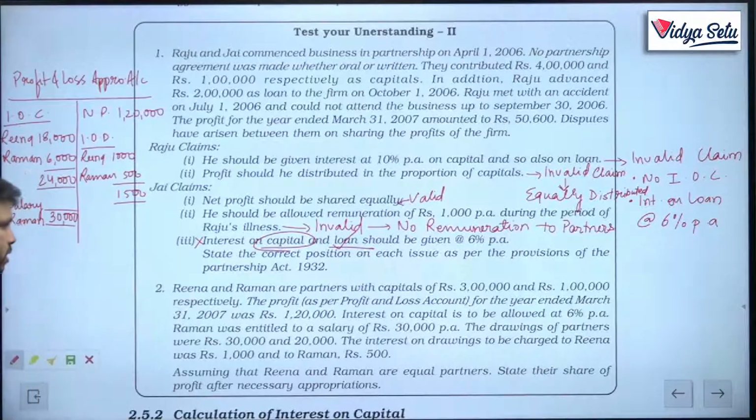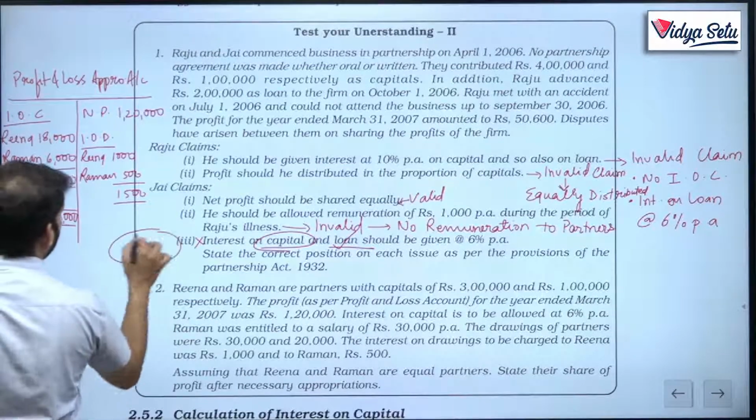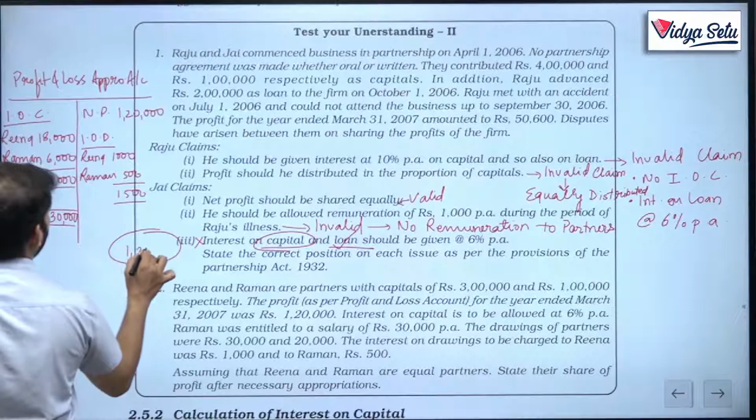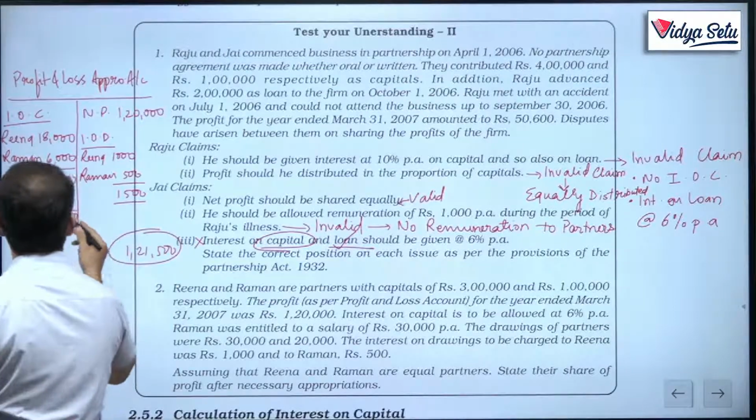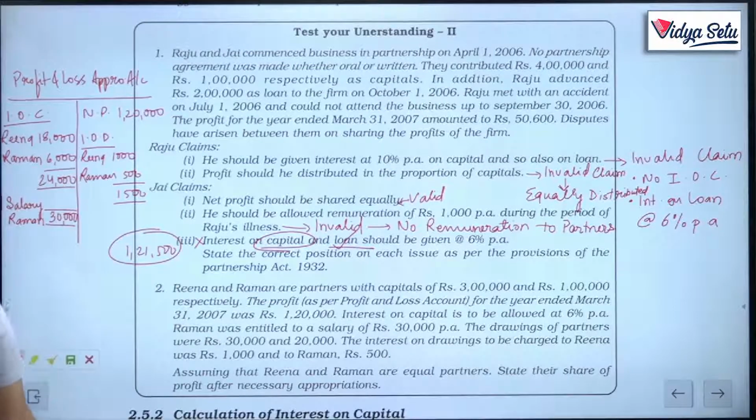That's it. We will just know that the total of this side is 1,21,500. Total of 30 plus 24, how much is it? 54. So 1,21,500 minus 54,000 comes to 67,500.